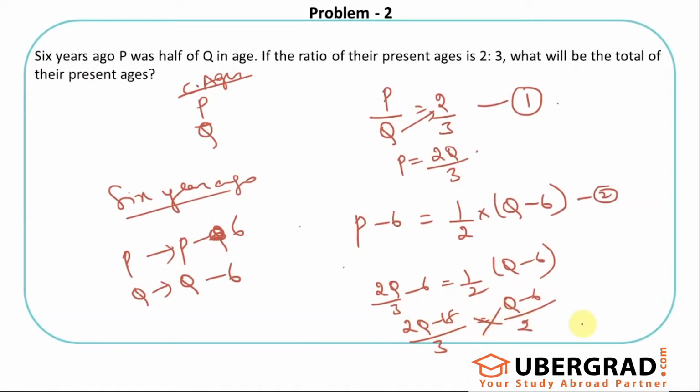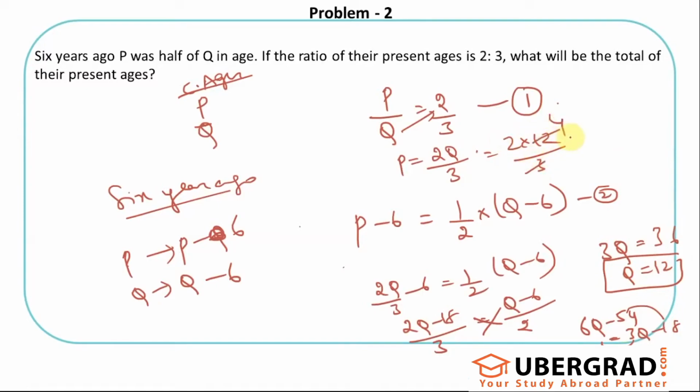So this will be 6Q minus 3 into 18 is 54. 3Q minus 18. 3Q comes this side. 54 comes this side. 6Q minus 3Q is 3Q. Plus 54 minus 18 is 36. Q is 12. Once I know 12, what is P? 2 into 12 by 3. That is 3 4s, that is 8.